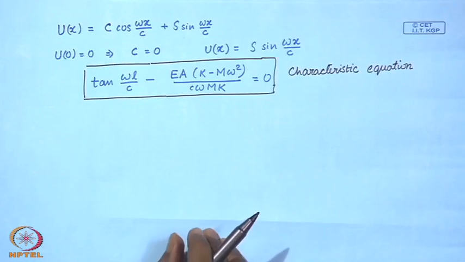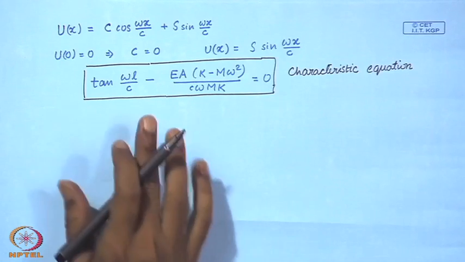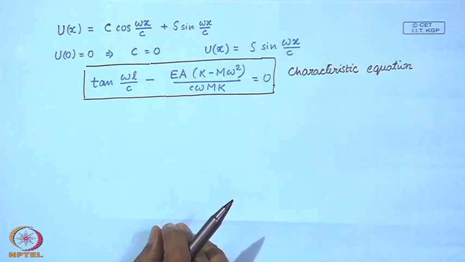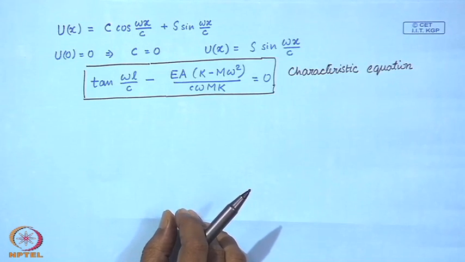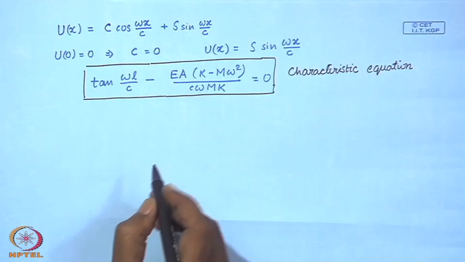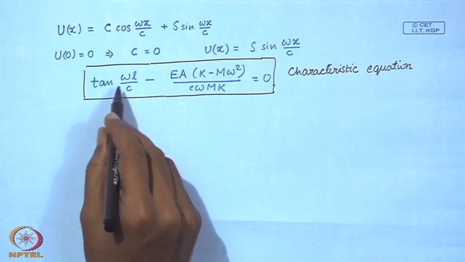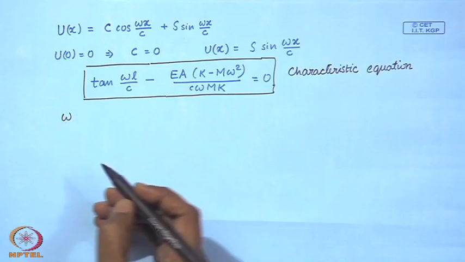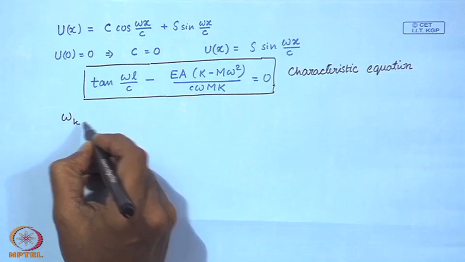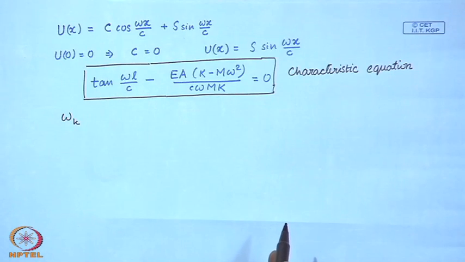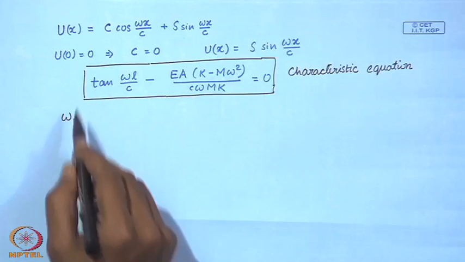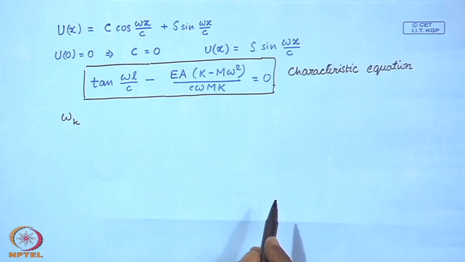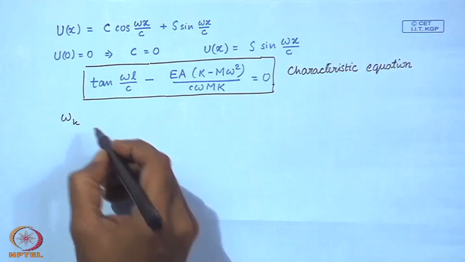Now, again this is a transcendental equation which has to be solved numerically for the eigenvalues omega. So, you will have discrete solutions of this transcendental equation, but infinitely many solutions exist.